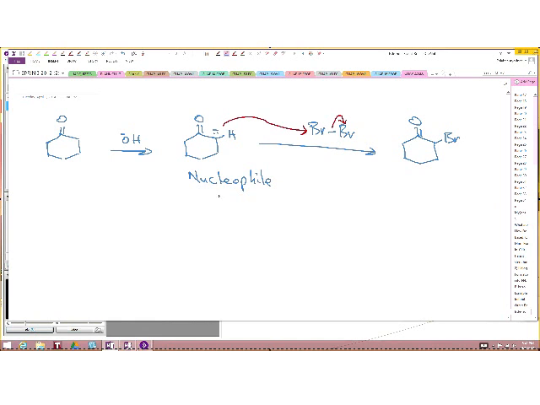Okay, alpha bromoketone. We could also alkylate the same nucleophile. Supposing I have here this nucleophile, it could attack this in an SN2 reaction.